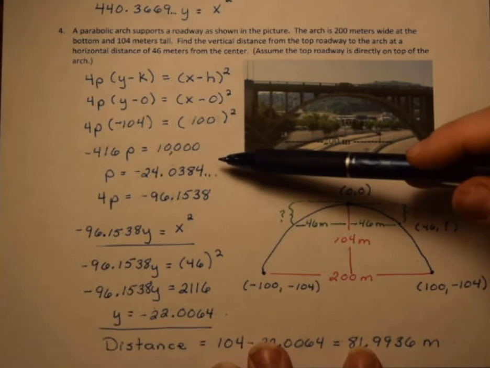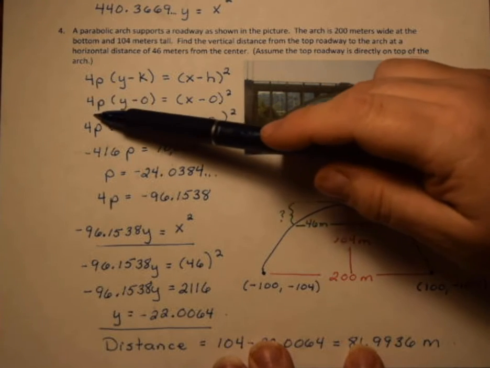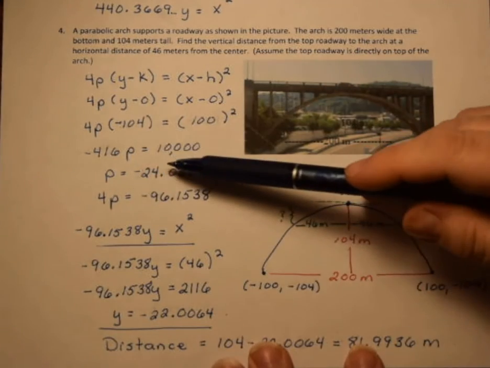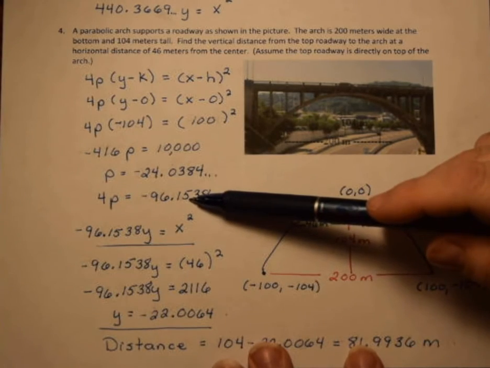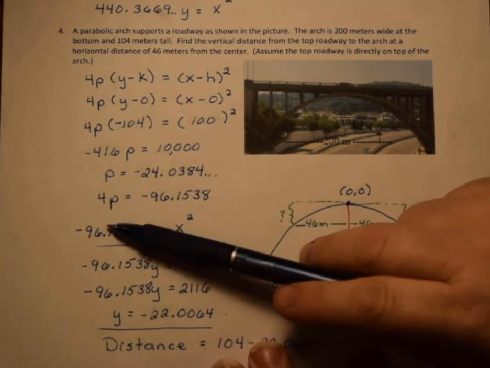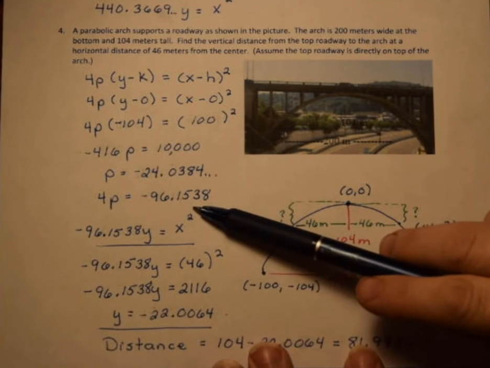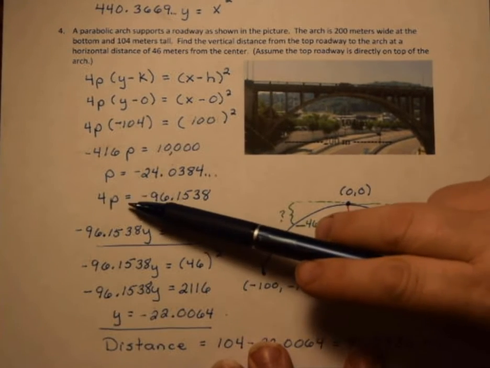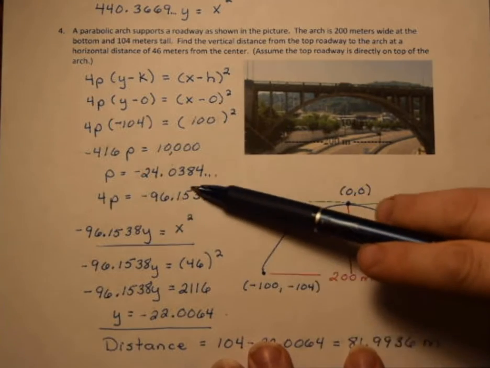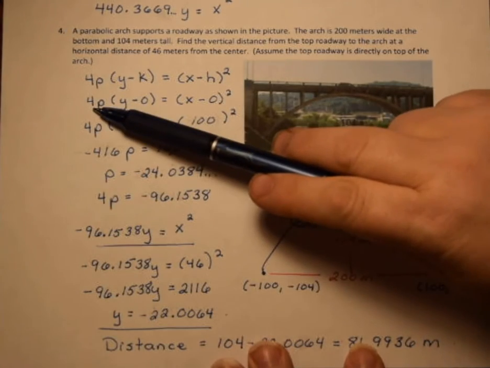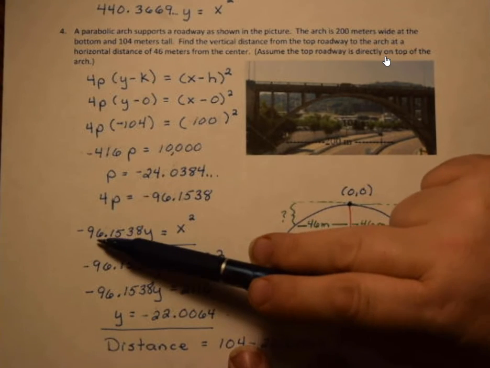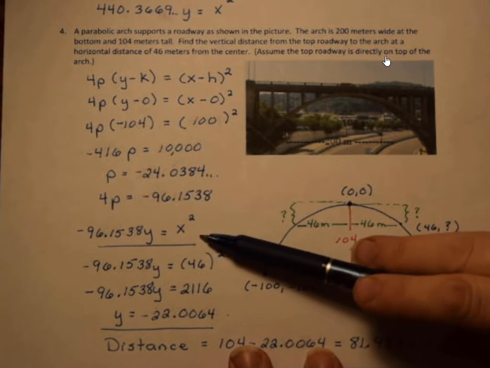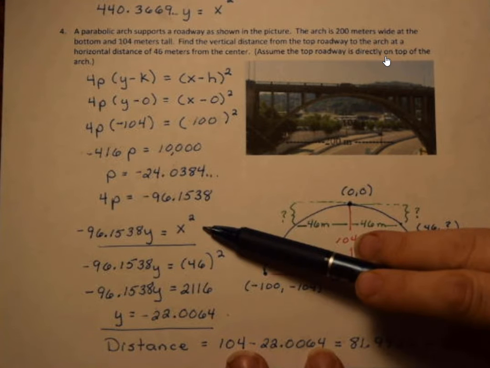Well, that's all good and fine, but what we really want to know is what 4p is equal to. So multiply both sides by 4, we get 4p is equal to negative 96.1538 and so on. And so we can plug this number in for 4p. So the equation would be negative 96.1538y is equal to x squared.